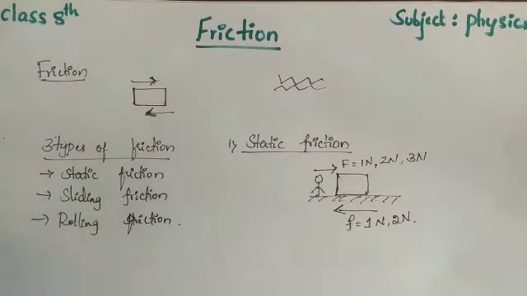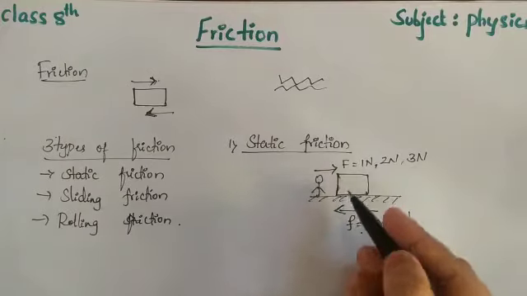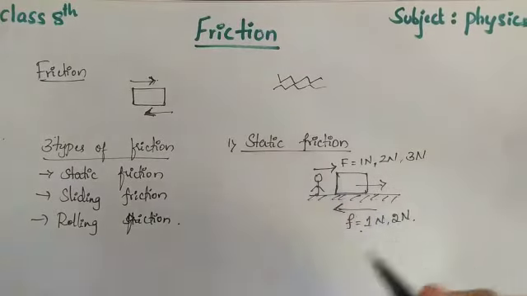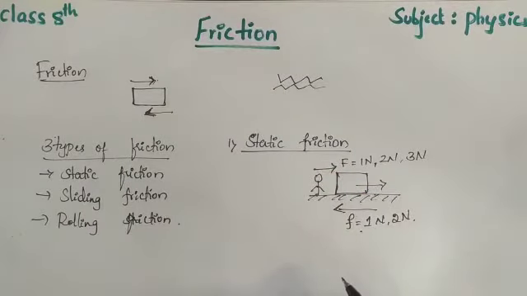That means it overcomes the frictional force acting in the opposite direction. So the applied force and frictional force won't always be equal. At a certain time, the applied force overcomes the frictional force, so the object which is at rest will start moving. This type of friction is called static friction.